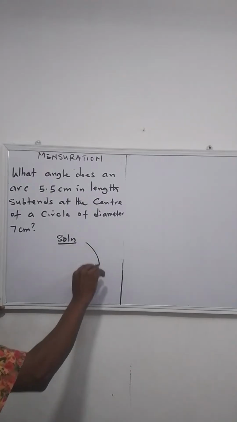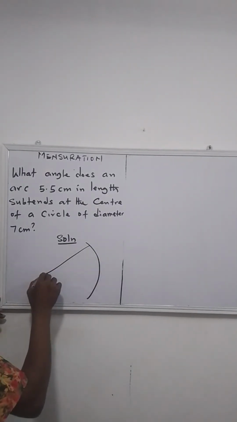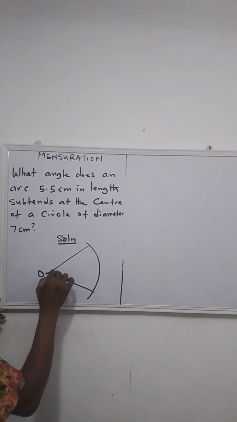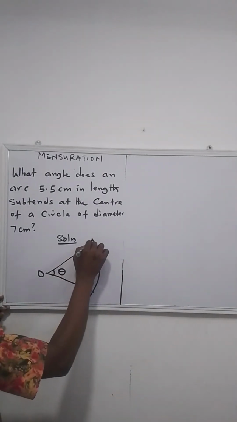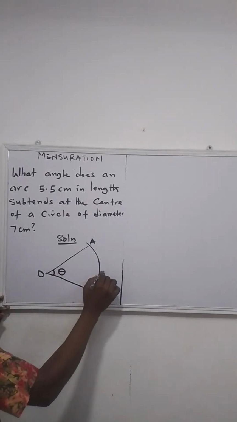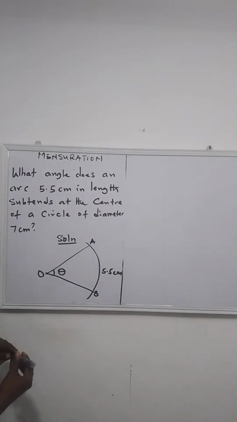So that means we have an arc of this form which subtends an angle at the center O. We don't know the angle, so we can represent that with theta. The length of this arc AB is 5.5 centimeter.